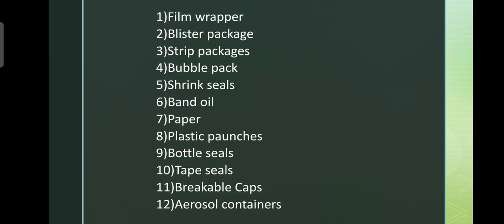First one is film wrapper, second is blister package, third is strip package, fourth is bubble pack, fifth is shrink seal, sixth is band seal, seventh is paper, eighth is plastic pouches, ninth is bottle seal, tenth is tape seal, eleventh is breakable caps, and twelfth is aerosol containers.